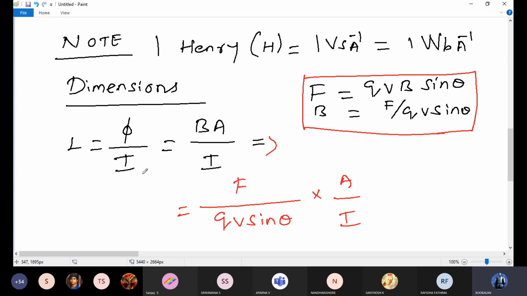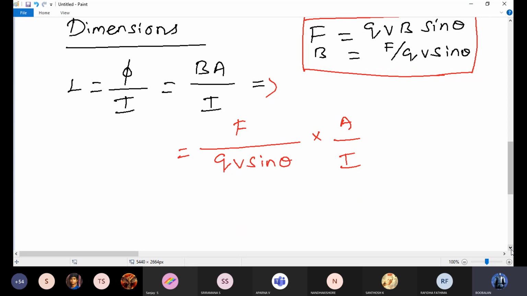Okay. So now you know the force dimension formula. A is not ampere, it is the area. Q is the charge, v is the velocity, sin theta has no dimension. I is the current dimension formula. All the dimension formulas you can apply.